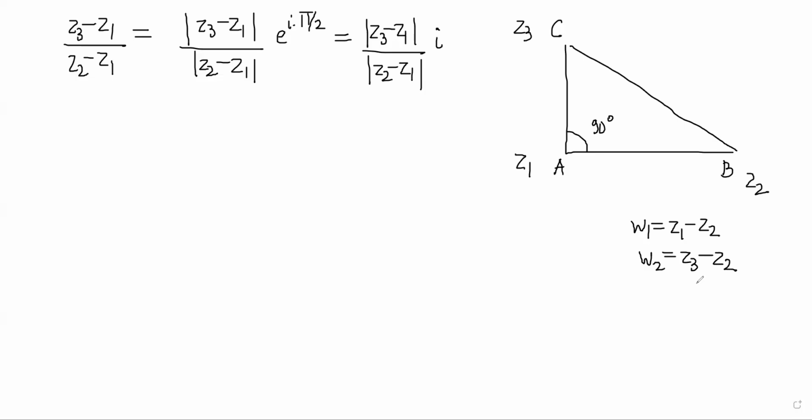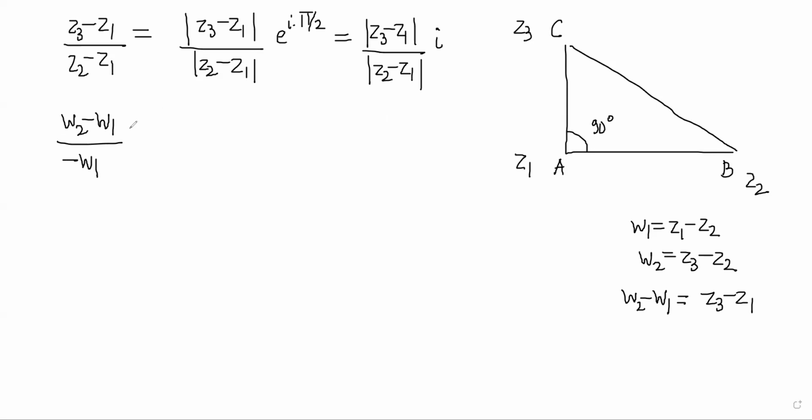So clearly, W2 minus W1 will be Z3 minus Z1, right? So here Z3 minus Z1 can be written as W2 minus W1, and Z2 minus Z1 is basically minus W1, right?